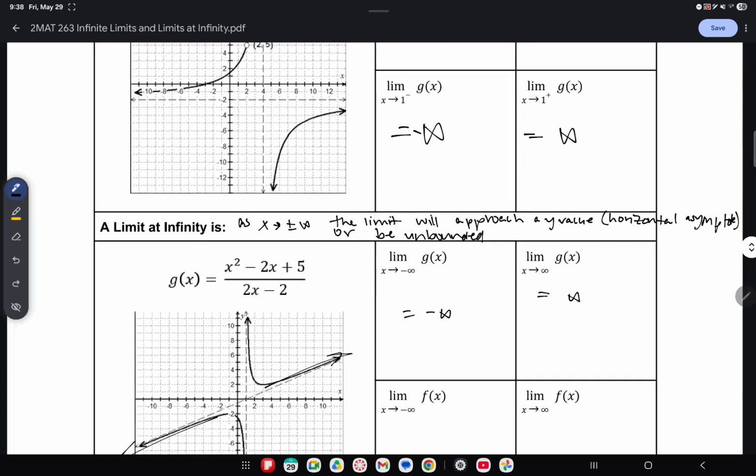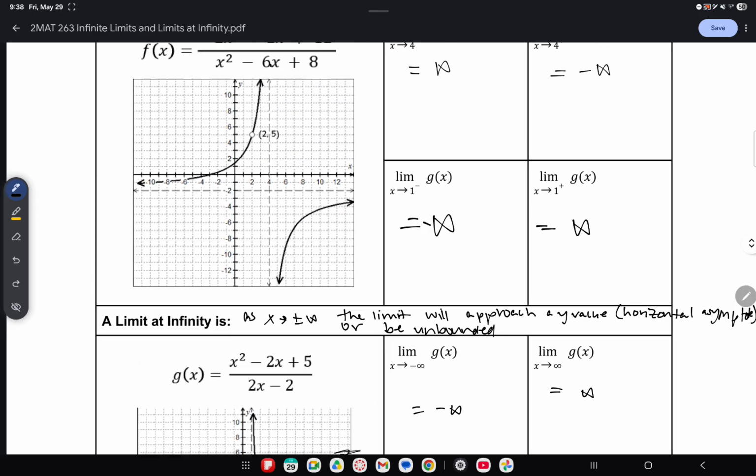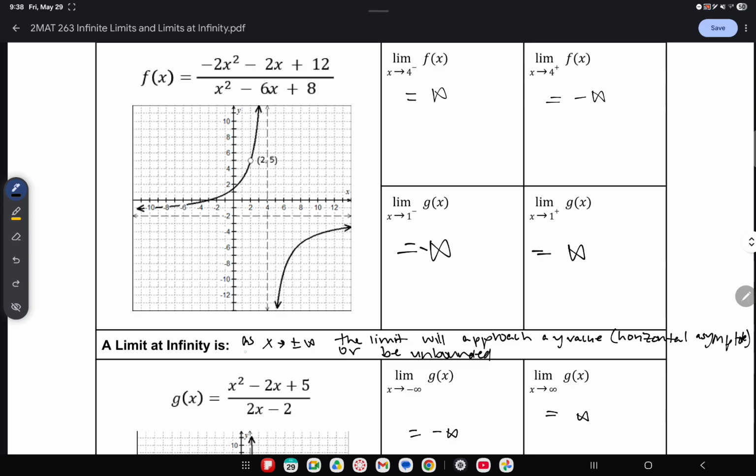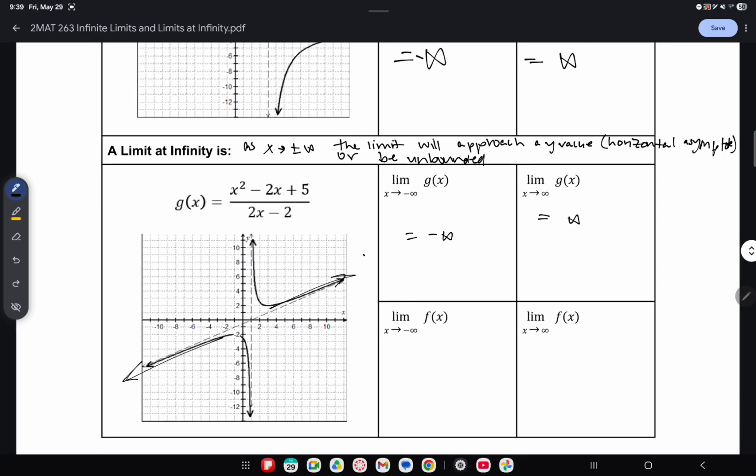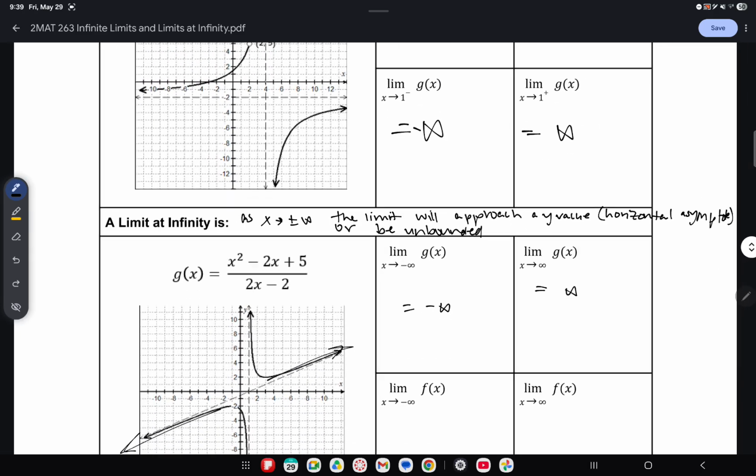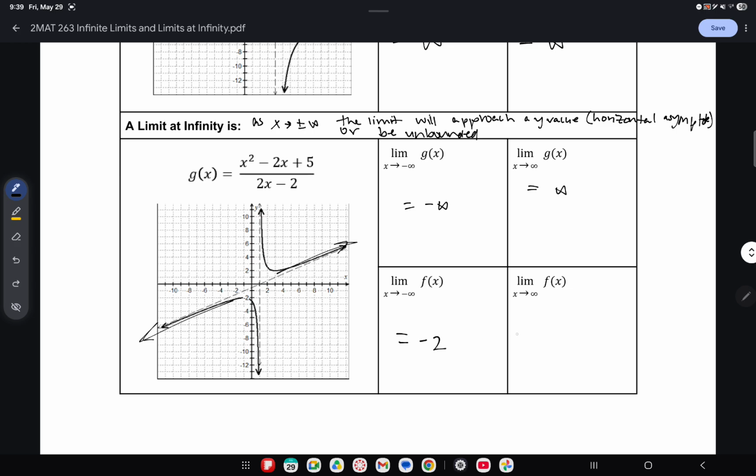But if we look at f, right, we do have a horizontal asymptote. So as x is going to negative infinity, we're approaching that line y equals -2. And it's from both directions, actually, on this graph. Right, so we either will have the infinities as an answer, or we'll have a number.